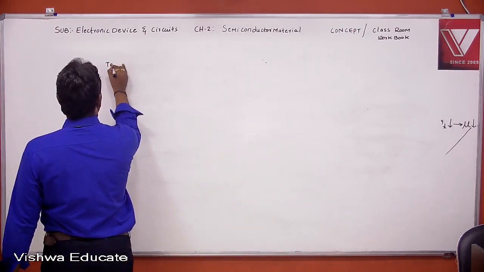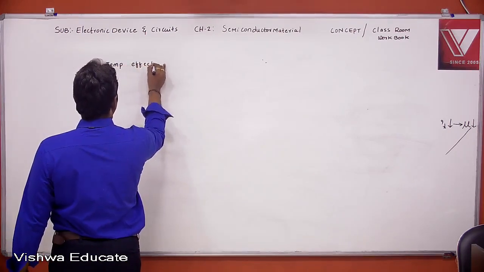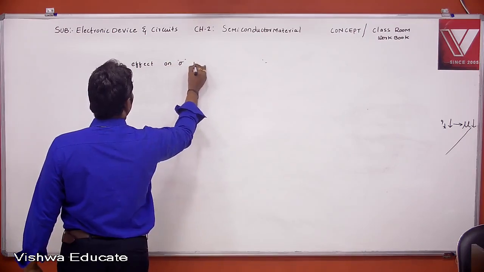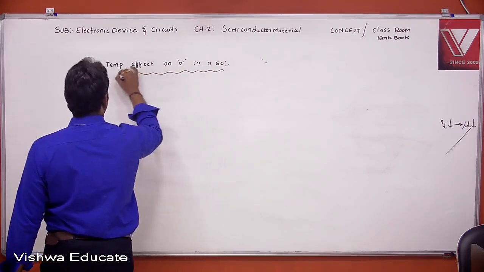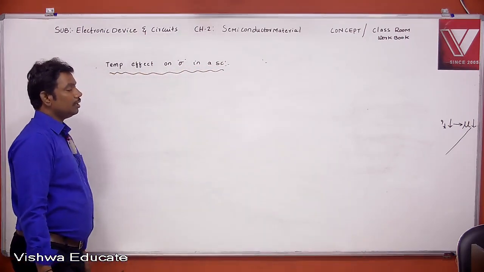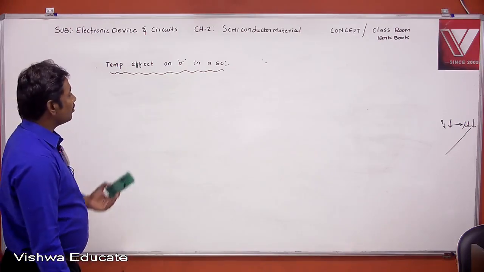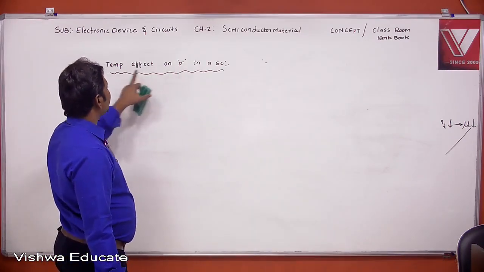Next topic, temperature effect on conductivity in a semiconductor. Temperature effect on conductivity in a semiconductor, right? So now, see, in a semiconductor, how is the conductivity affected due to temperature?